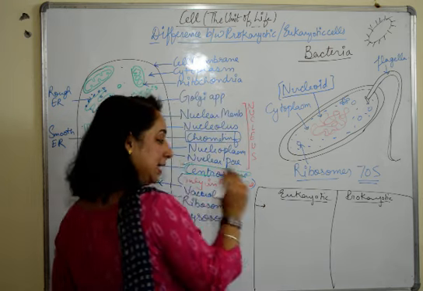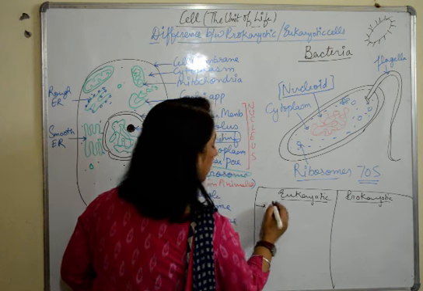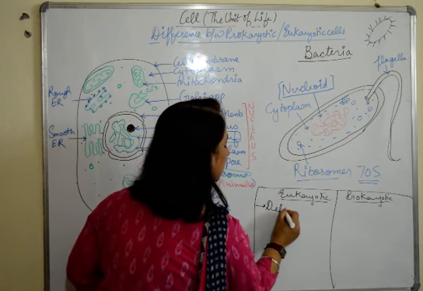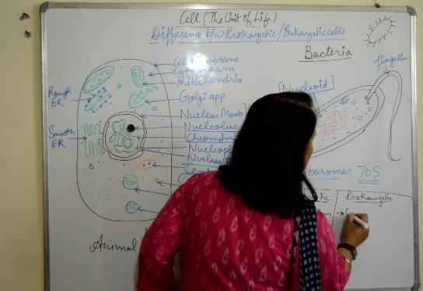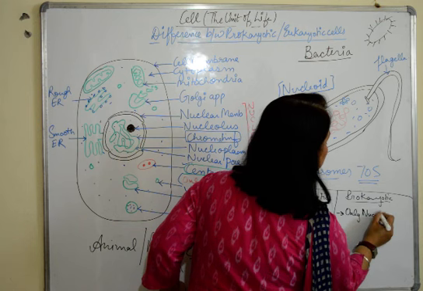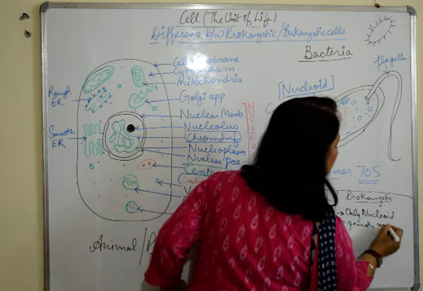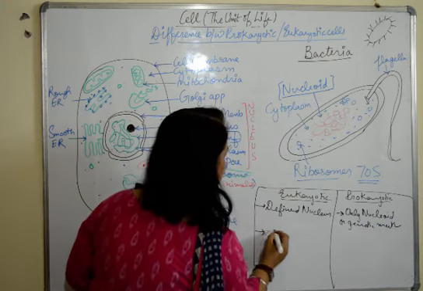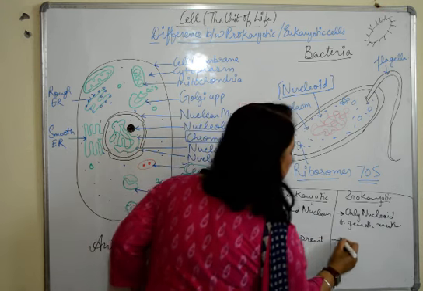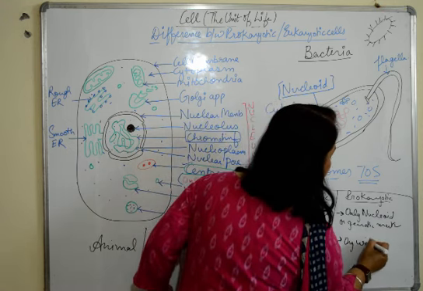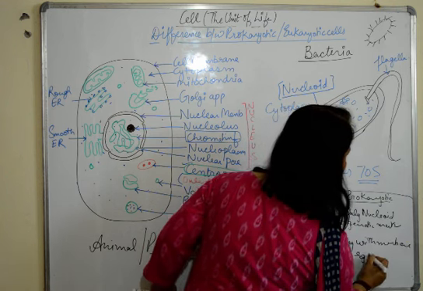In eukaryotic cells, there is a properly defined nucleus, and prokaryotes only have nucleoid or genetic material without any membrane. Fine. Here all organelles are present. Here organelles without membrane are present. Example, only ribosomes.